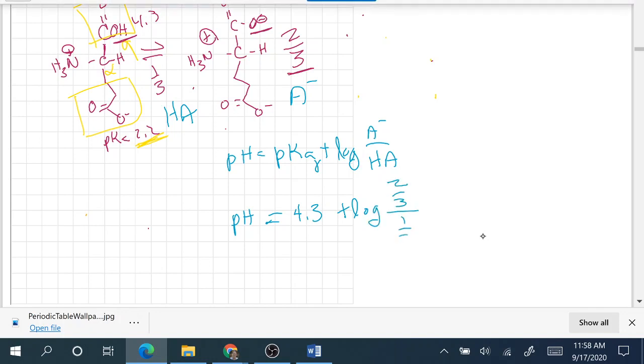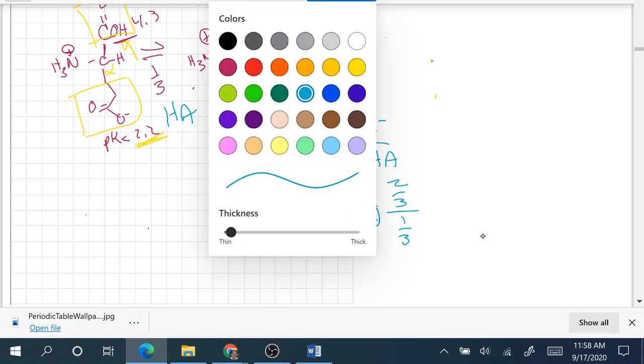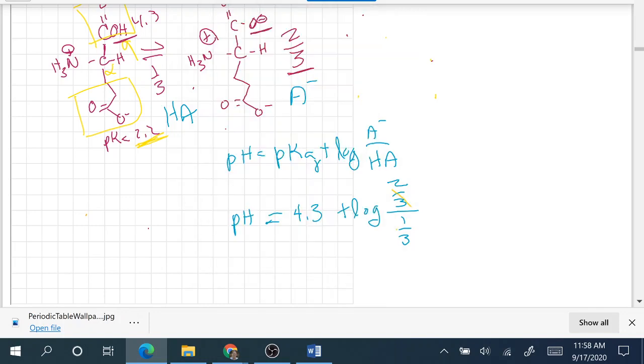over 1/3, because we've got a 2/3 to 1/3 ratio, and therefore we can cross out the 3's on the bottom. The denominators cancel each other, and that gives us pH is equal to pKa plus the log of 2 over 1. Okay, so it's just the log of 2.